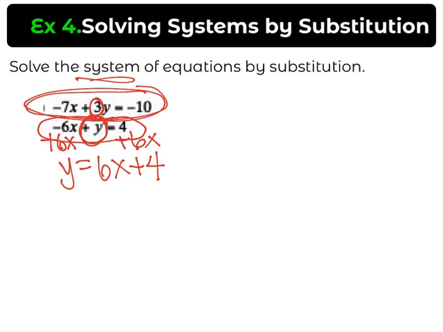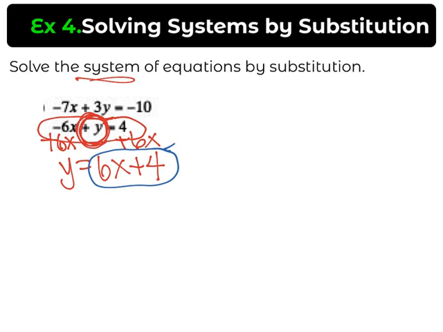So if you can just take the time to look at the two equations and see which one might be easier to solve, because like in this case the y is by itself. We'll do some examples, we'll keep talking about that, don't worry. So we solved that for y. So now we know that y equals this. So we can put that in for y in the other equation.